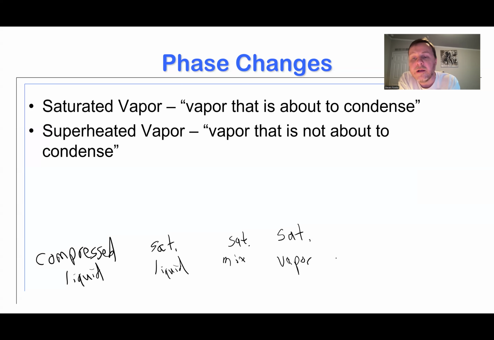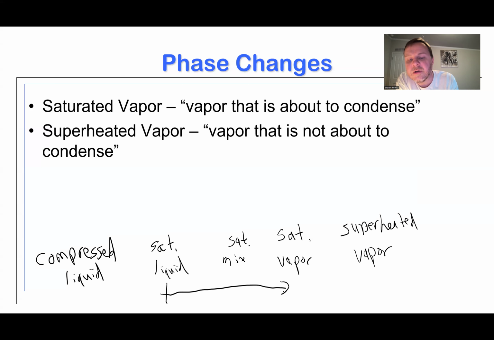That's vapor right at that boiling point, but it's all in the vapor phase. And then you've got superheated vapor. And as you move along, that is energy increasing going to the right. That's a nice stopping place.